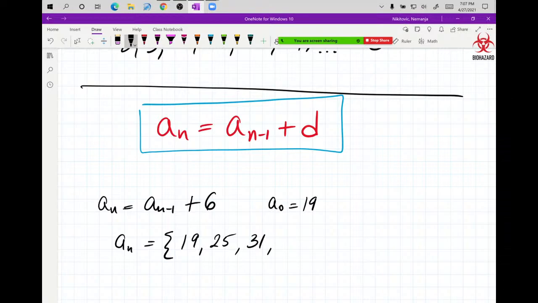Plus 6 is 31, 37, plus 6 is 43. And then it goes on forever.